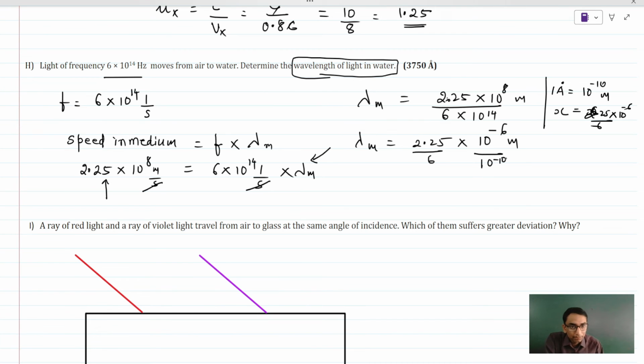If you divide this number by 10 raised to minus 10 meters, you will get your answer in angstrom. So this will be 2.25 upon 6 into 10 raised to plus 4, and then the answer will be in angstrom, and I leave this calculation to you. You would be getting 3750 angstroms. That is the answer to the problem.